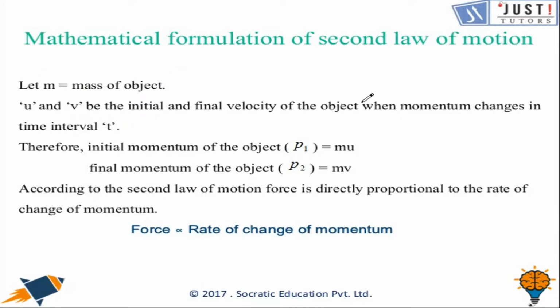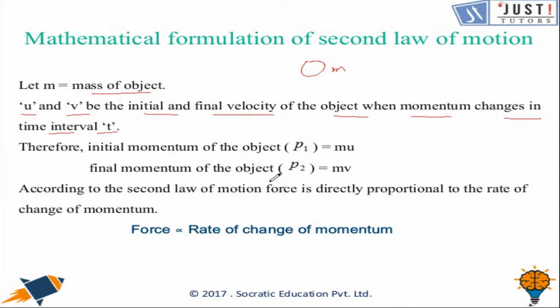Now, how can we formulate this second law of motion? We have a mathematical way. Let's say this is an object which has a mass of m. Let u and v be the initial and final velocity of this object when momentum changes in the time interval t.